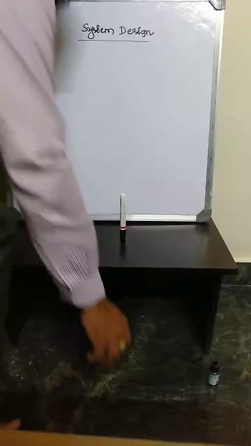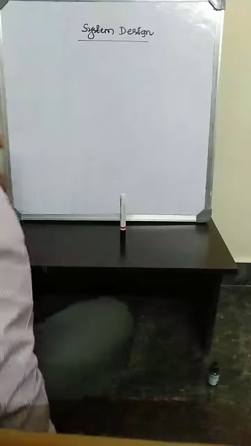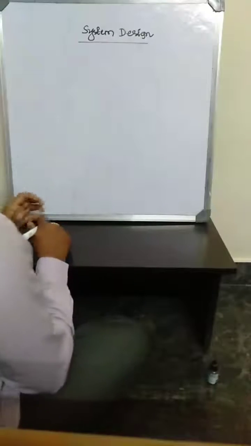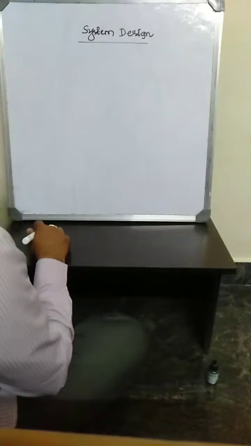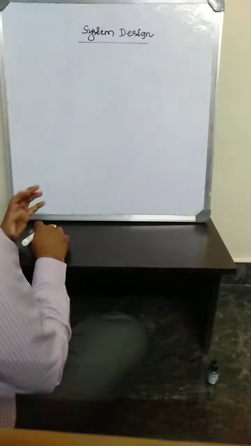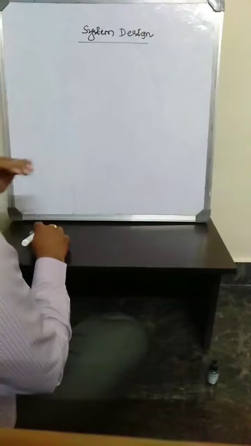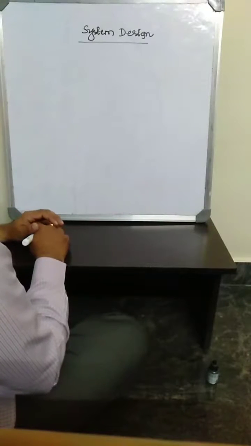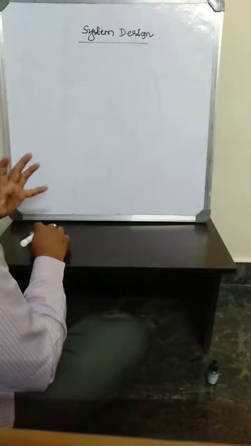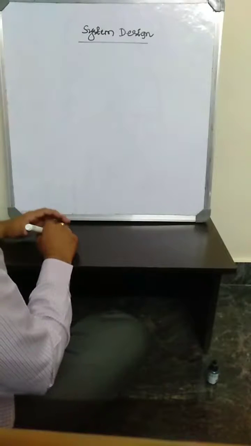Good morning everybody. So in this session we will understand more about one important aspect in software engineering, which is nothing but system design. Design is not that easy a concept, it is very difficult. In the previous classes we have understood analysis and the introduction to software engineering, object oriented software engineering.